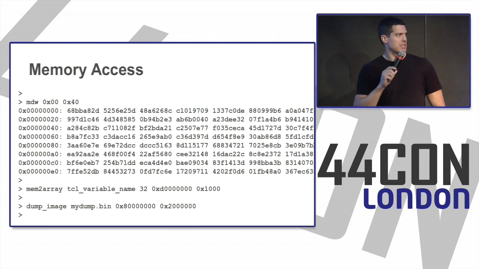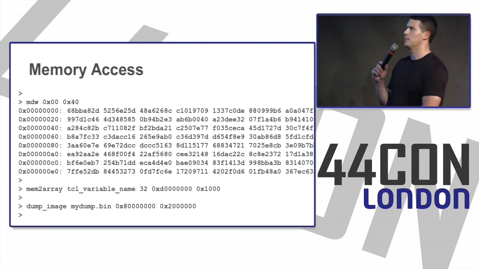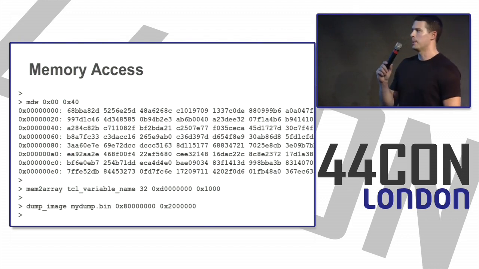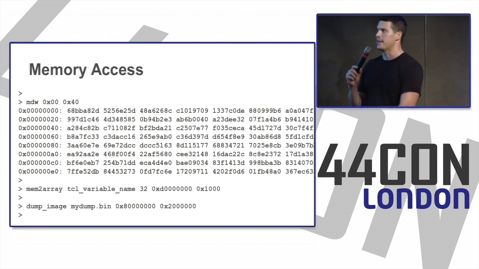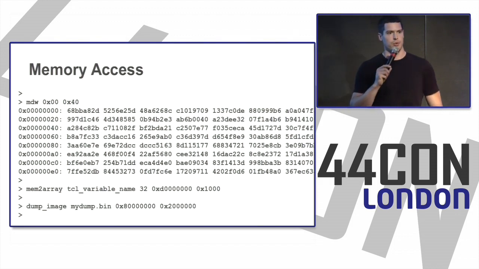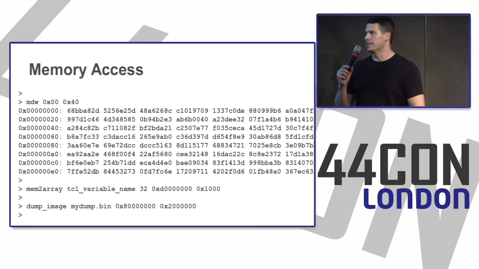It wraps these up in some generic functions, like memory display words, so you can dump words out of memory. It's also got some optimized versions, like mem2array. If you've got a script, you can dump a whole array of memory into a variable. And they even have this dump image command that will let you take memory and write it to a binary file that you can look at.